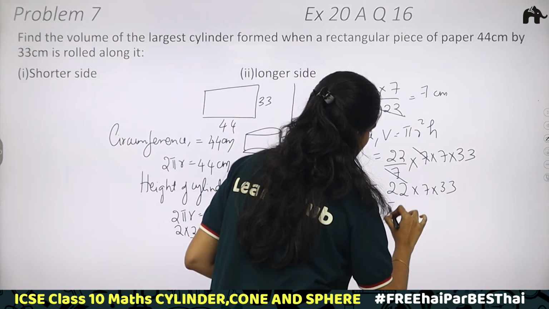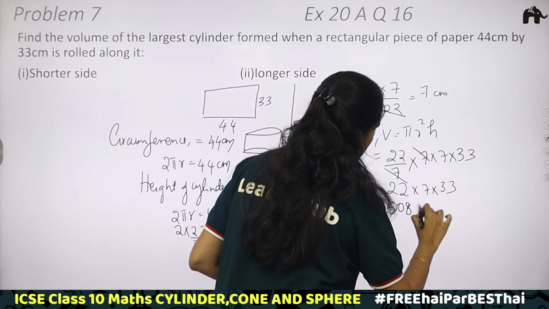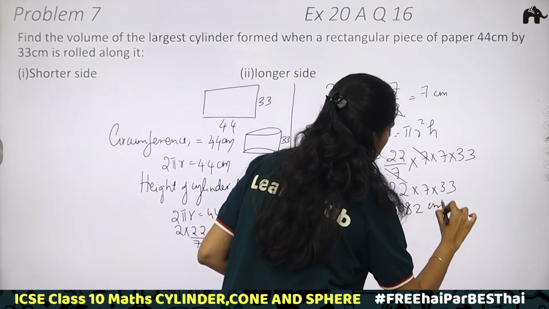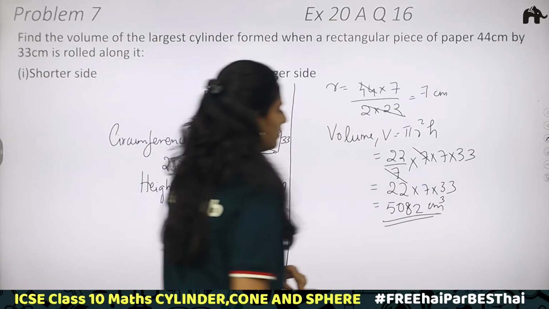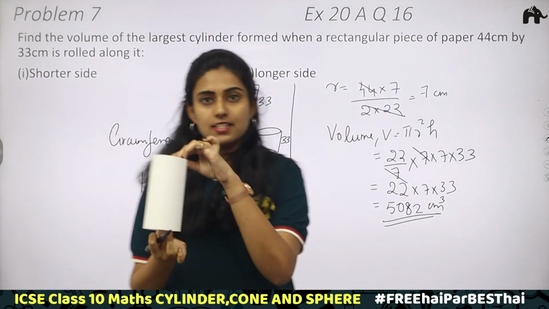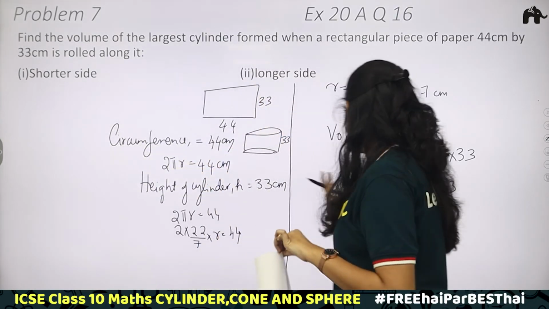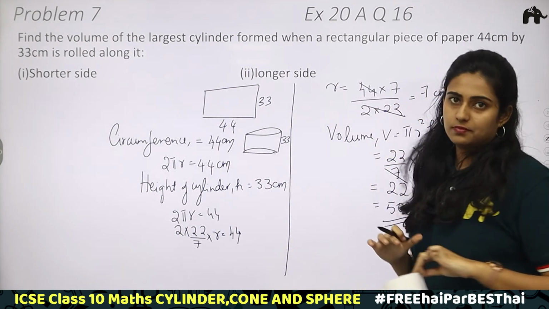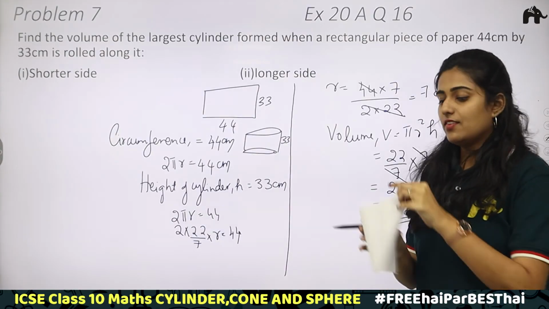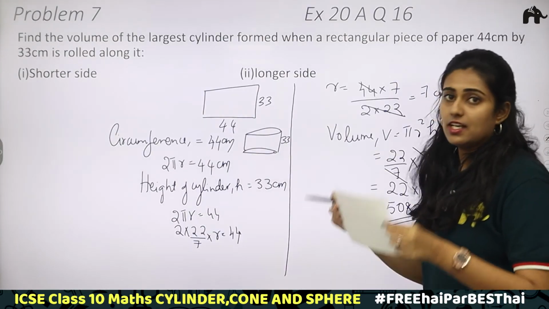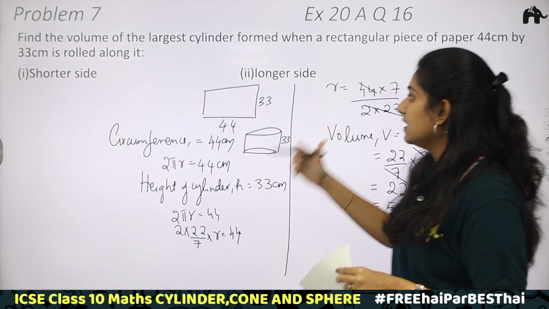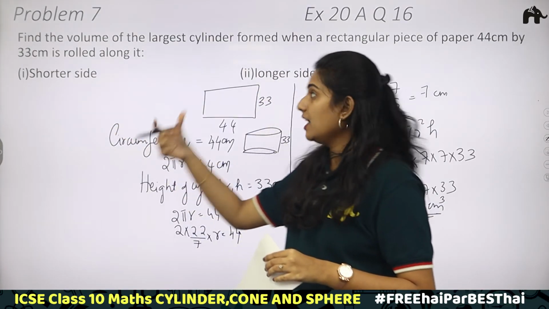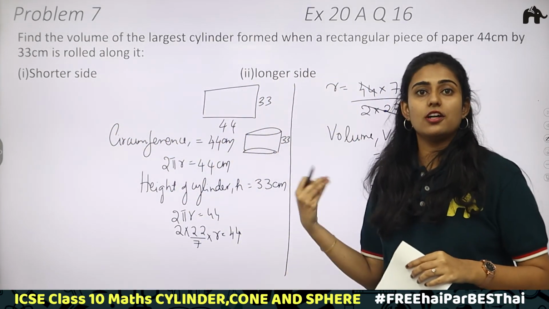Your answer will be 5082 centimeter cube. Okay. In this case, when the cylinder is in this way, you will be getting 5082 centimeter cube as the volume. So, what did you understand? When the same sheet of paper is rolled in the form of a cylinder with the shorter side and along the longer side, the volume will be different.